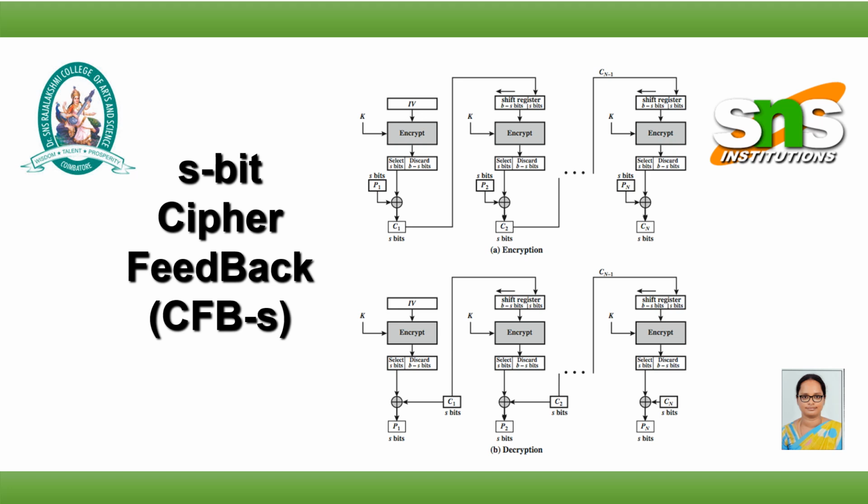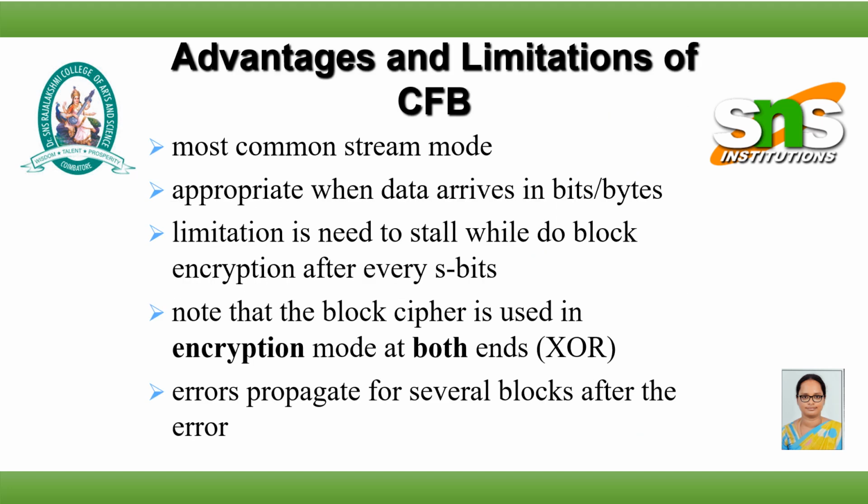After that we add the S bits with the plain text, and at last we get the ciphertext. Like this we do the encryption. The opposite of encryption is decryption, in which we convert ciphertext into plain text.